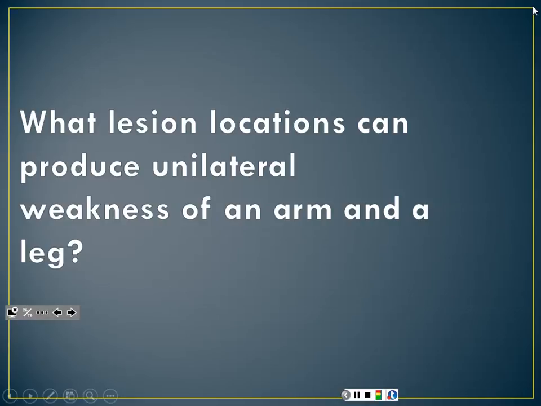Okay, so what else could do this? So it could get one side of the spinal cord, couldn't it? And it'd have to be high enough to get arm and leg on one side. Where else could it get? Cortex, if you got arm and leg. And then what's the other possibility? Think about your tracks that I showed you.